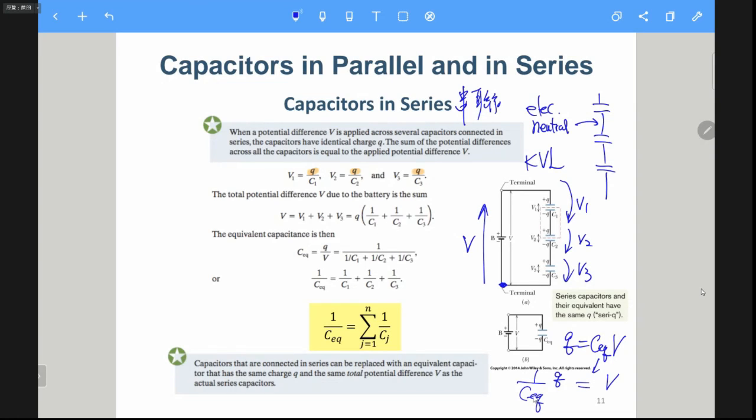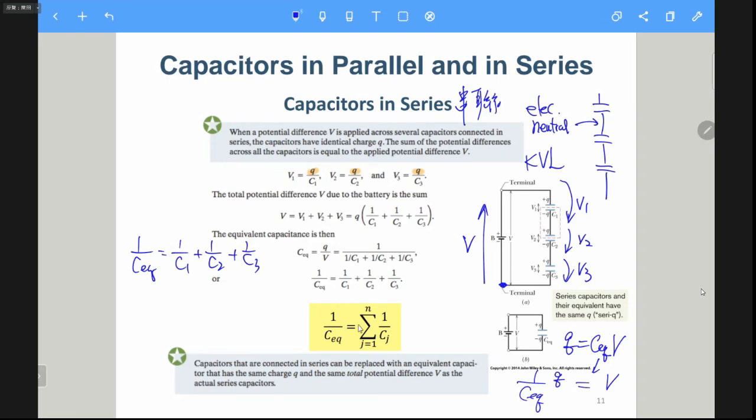So 1 over CEQ should be 1 over C1 plus 1 over C2 plus 1 over C3. So we just put it upside down. So CEQ equals 1 over the whole term here.